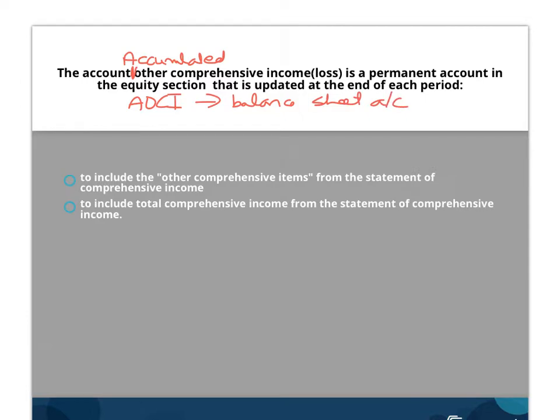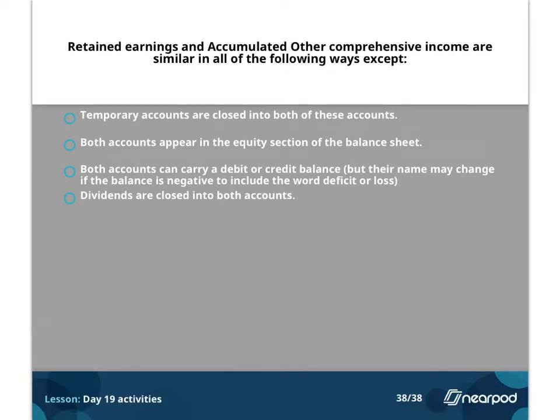It picks up the OCI items that are on the statement of comprehensive income. Okay, OCI is on the statement of comprehensive income. All right, that was it for this section.